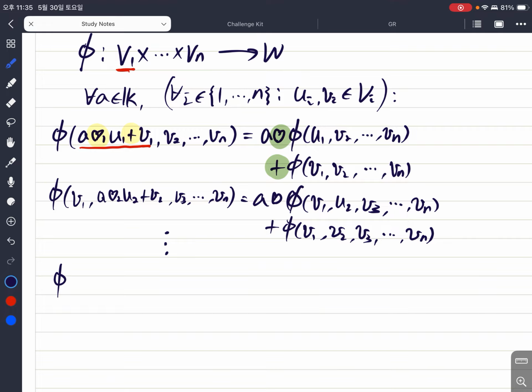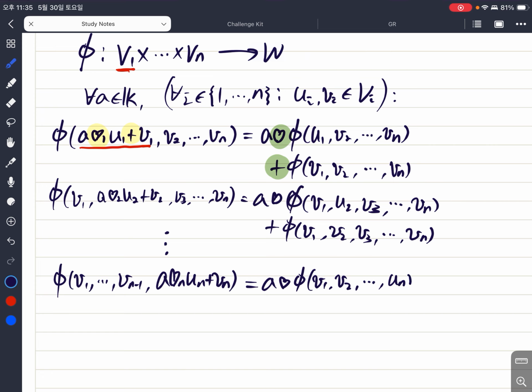For the final slot also, v1 to vn-1 comma a heart n un plus vn. Then this becomes also a heart phi of v1, v2, ..., un plus phi of v1, v2, ..., vn.